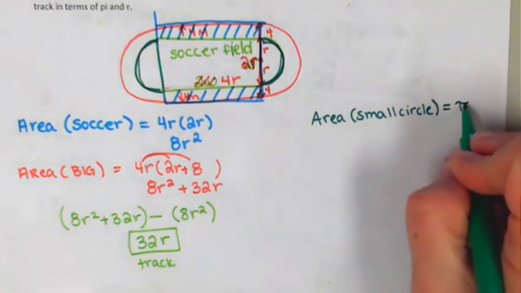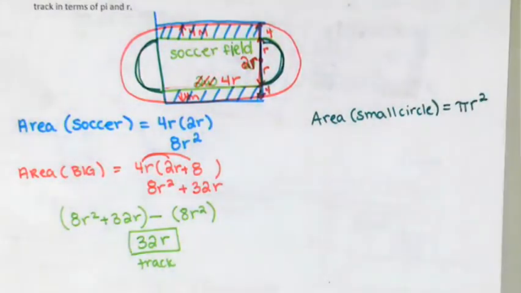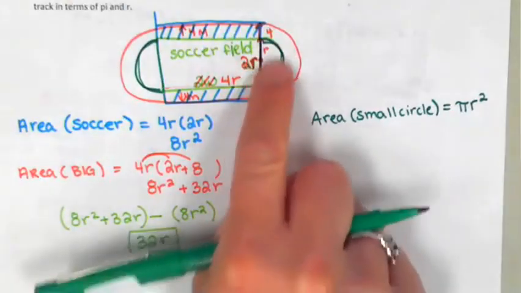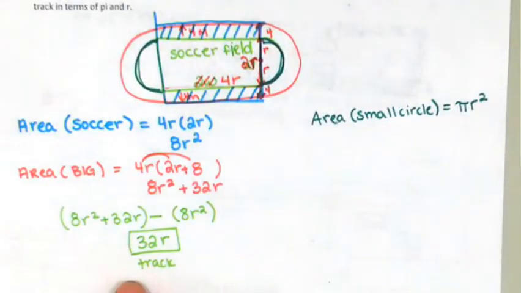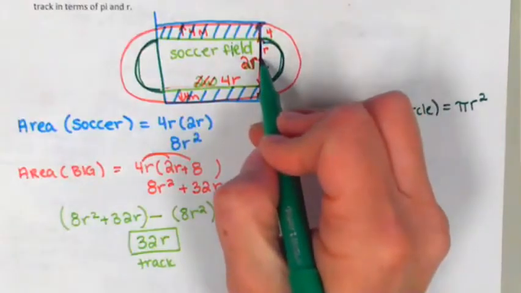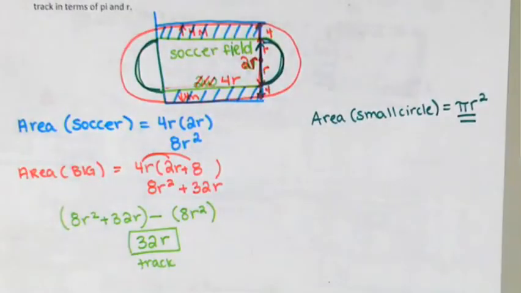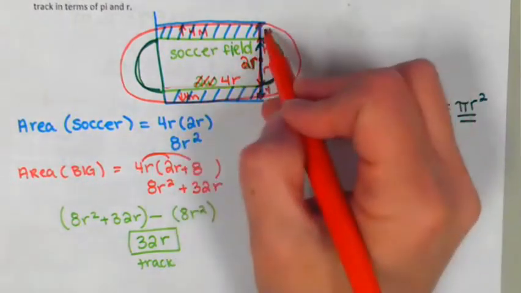Pi r squared, right? What is the radius of my small circle? R. It's just r, isn't it? So isn't the area of my small circle just pi r squared? Yeah. All right.